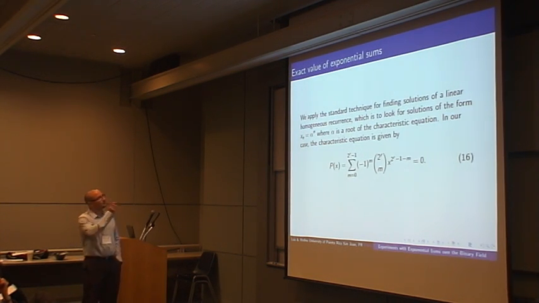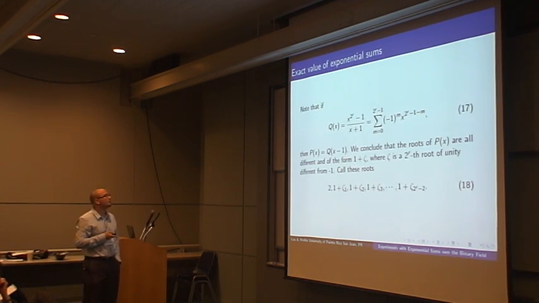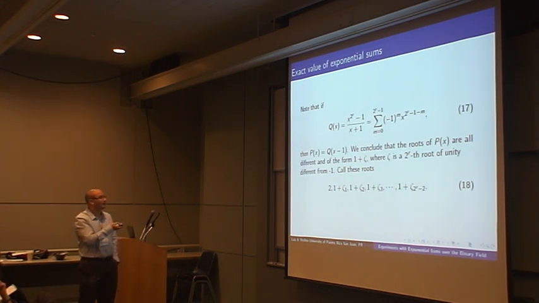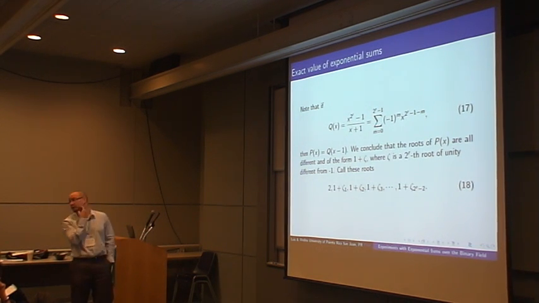And the trick happens once you realize that P is actually this Q here, but shifted a little bit. So if you let Q equal to that, then you have this. So we know the roots are all different, and more than that, have this form 1 plus theta, where theta is a 2-power root of unity.